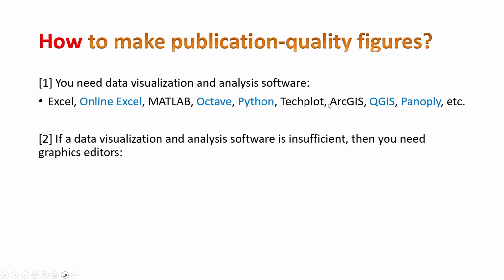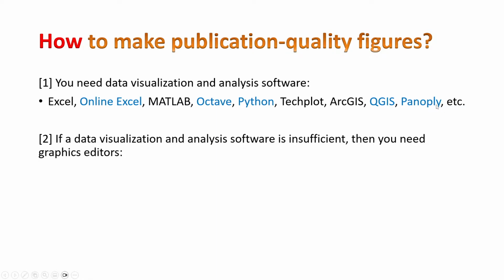ArcGIS and QGIS are for geographical spatial data. This one is not free, this one is free. And Panoply is for if you have a NetCDF file. A NetCDF file you can open with MATLAB or with Python, but Panoply can give you a quick visualization.